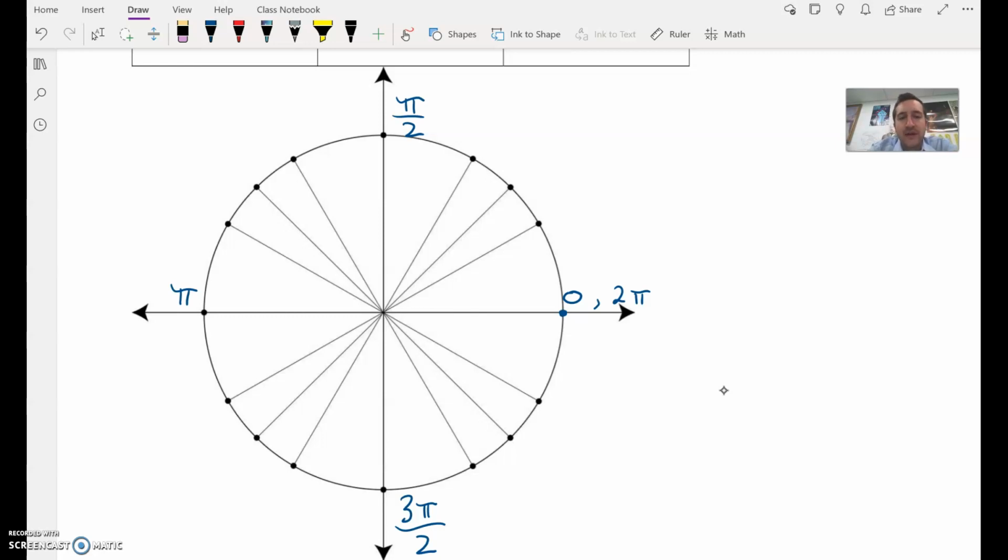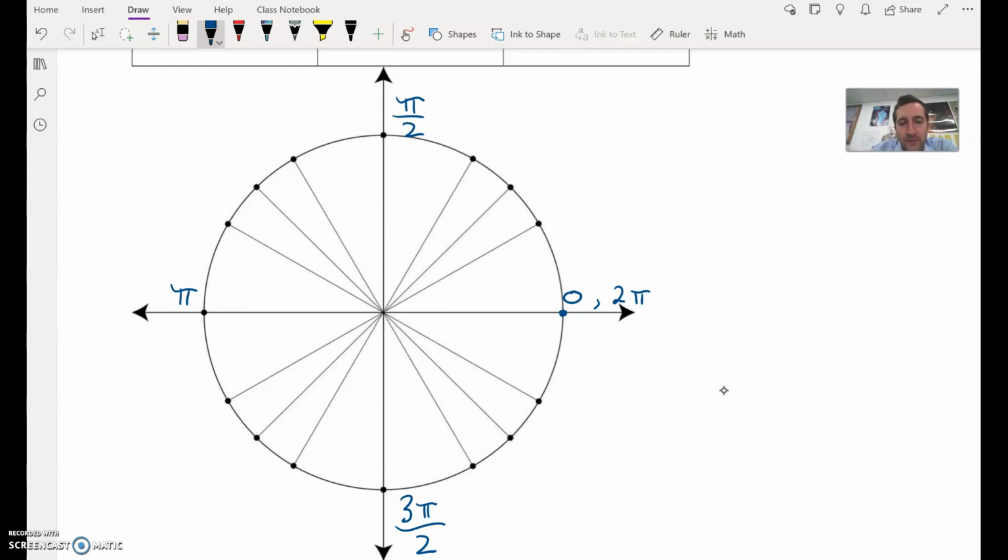Because here's the cool thing. These 3 are all going to be between 0 and 1/2. These 3 are all going to be between 1/2 and 1. These 3 down here in the bottom left quadrant are all going to be between 1 and 1.5. And last but not least, these 3 have to fit between 1.5 and 2.